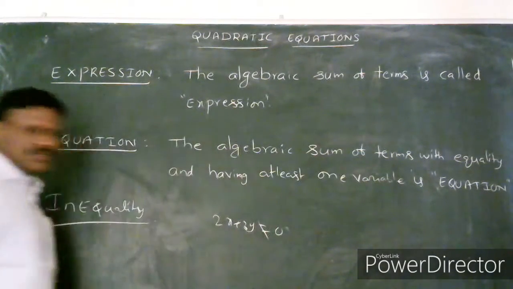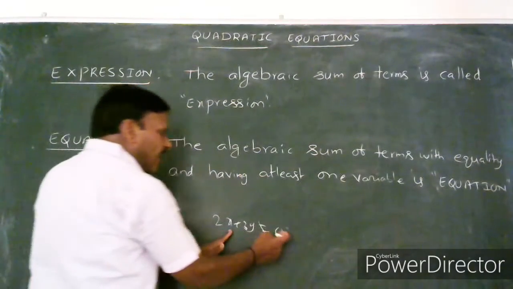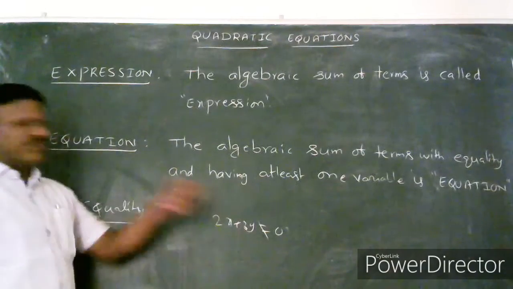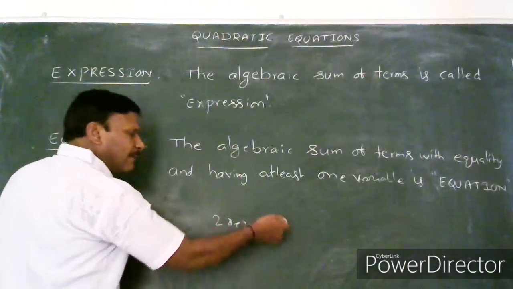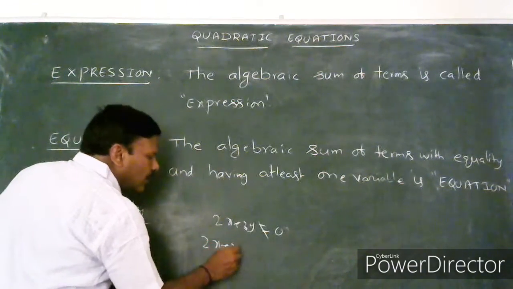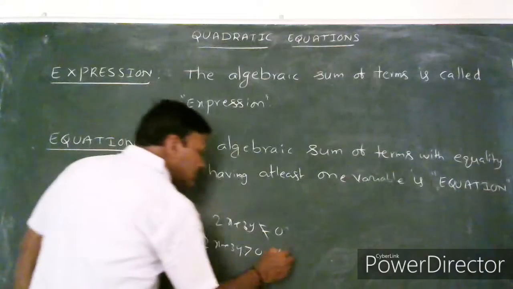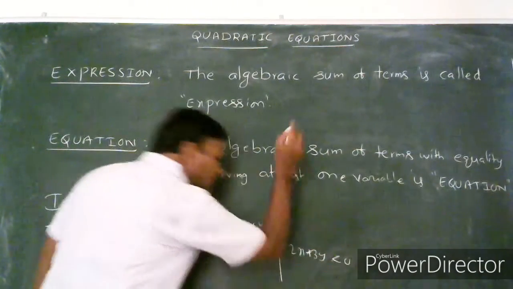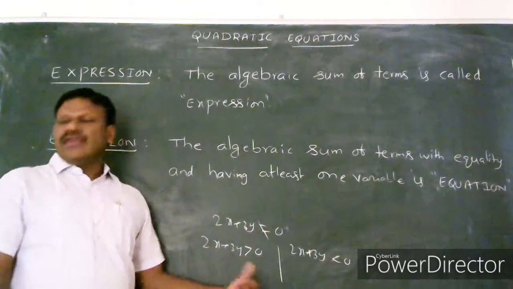Not equal to means either 2x plus 3y is big when compared with 0, or 2x plus 3y is small when compared with 0. The first case, 2x plus 3y greater than 0. Second case, 2x plus 3y is small compared with 0, it is less than 0. So these are called the inequalities.